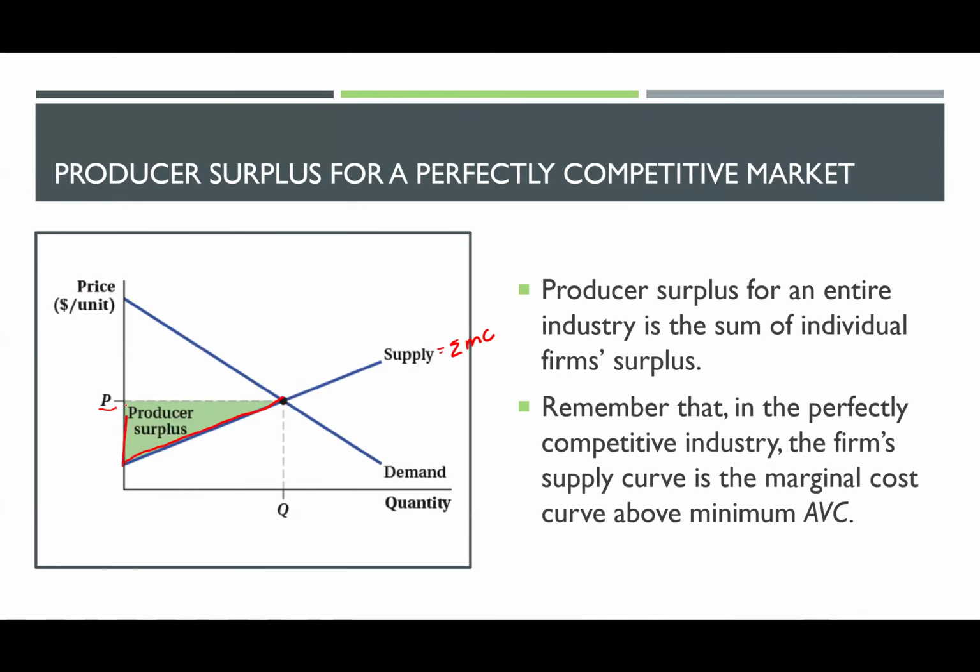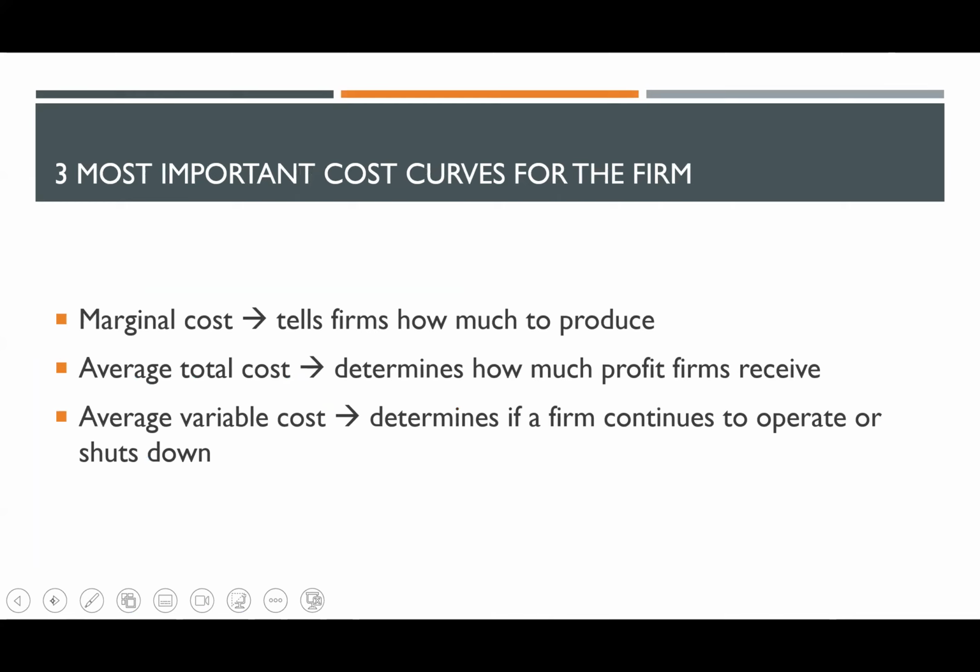And that tells us the producer surplus earned in the aggregate by firms in that industry. We could alternatively do it by adding up the producer surplus of each individual firm. If we were to find it for the representative firm and then aggregate up from there, that is another way we could find producer surplus.